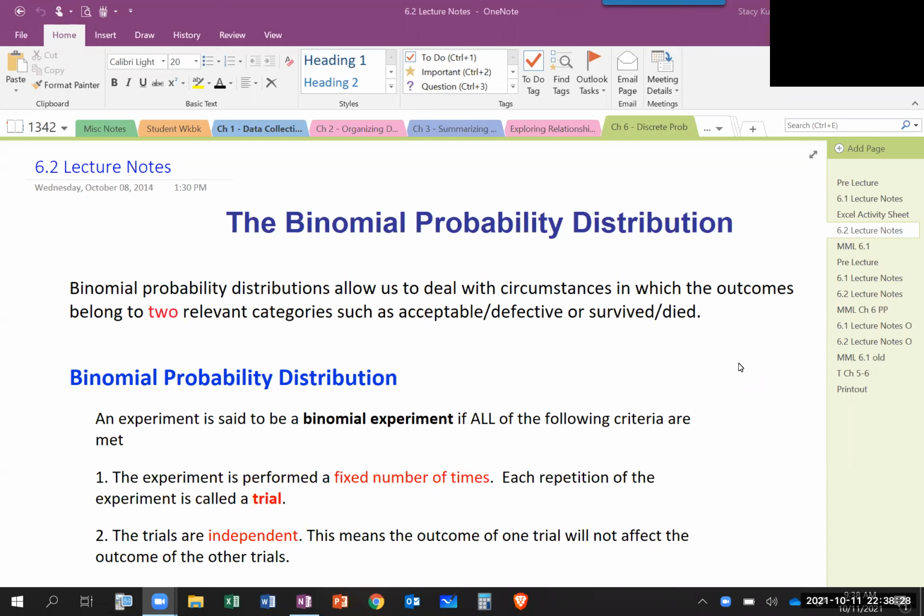Because he talks about, and they have to have this in the textbook, quite honestly, how do I find the probability distribution by hand? How do I find the probability distribution by a table?